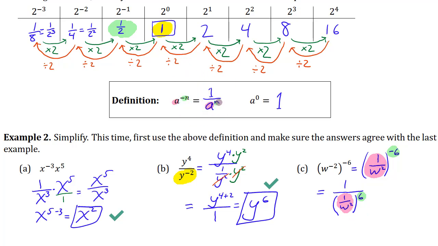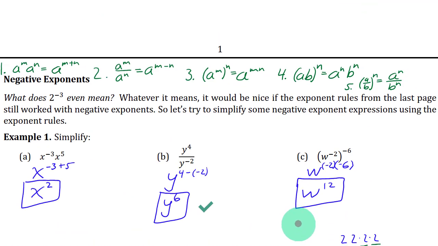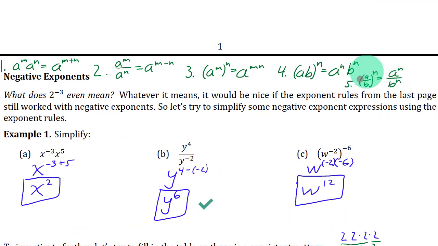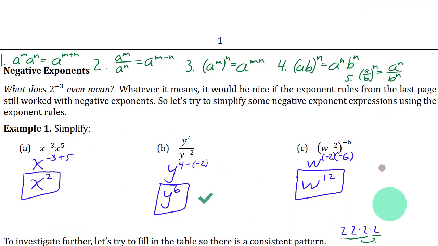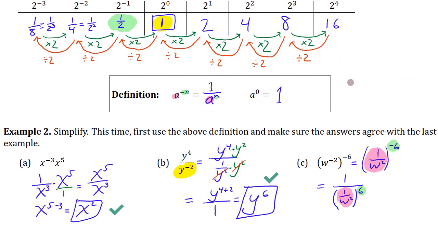Okay, so now what do we do with that? Well, if you have a fraction raised to the power 6, which rule can you use here? That looks like rule number 5. I can do 1 to the power 6 over w squared to the power 6. And 1 to the power 6 is just 1.